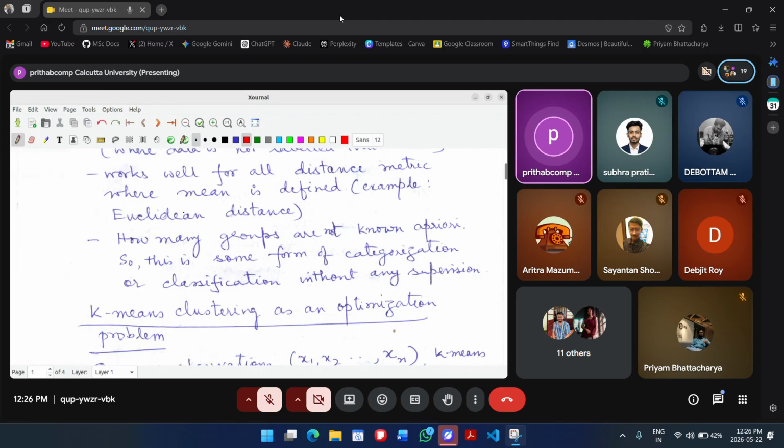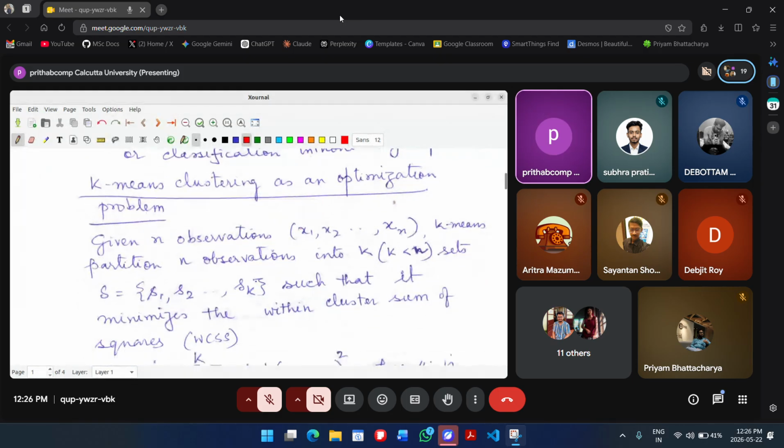But typically what we will see here is the Euclidean distance between two points, which is the measure you try to optimize in the k-means algorithm. How many groups or clusters there are is not known, so this is categorization or classification without any supervision.